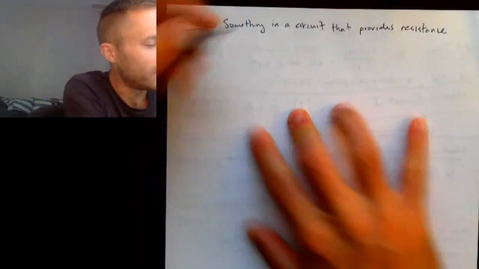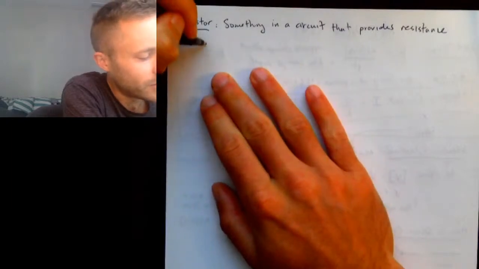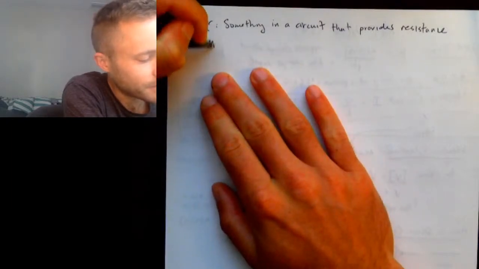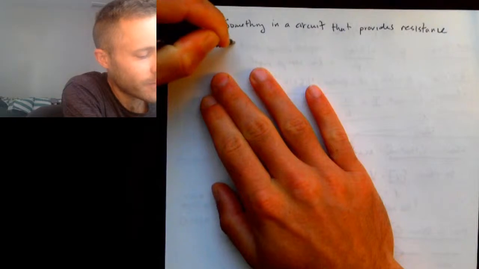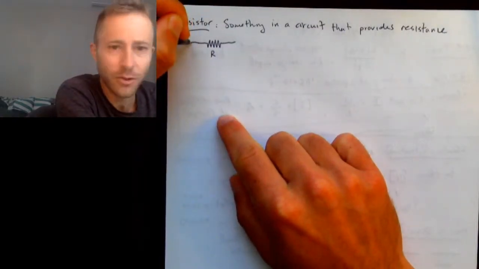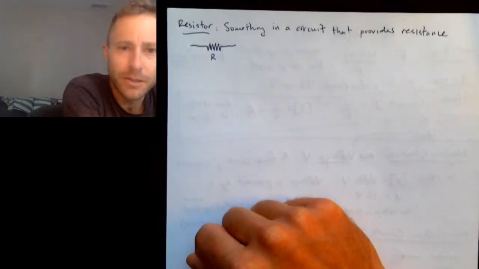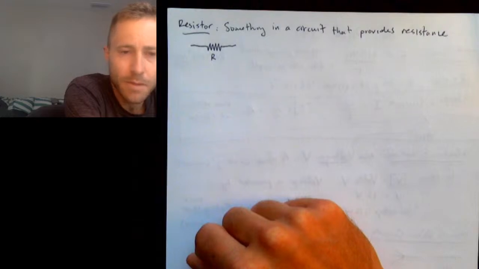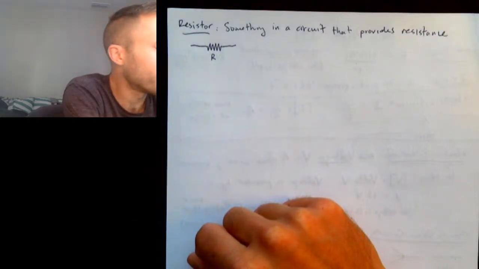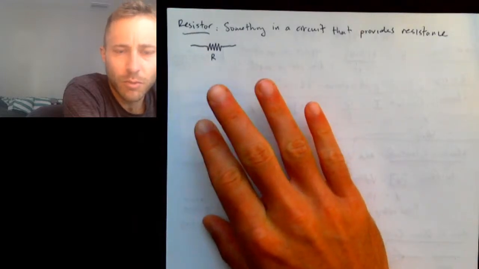Okay, and so the circuit symbol for a resistor is a jagged line. So that is a resistor, and we would normally write the value of the resistance next to it. Now you might think, well, what is a resistor?